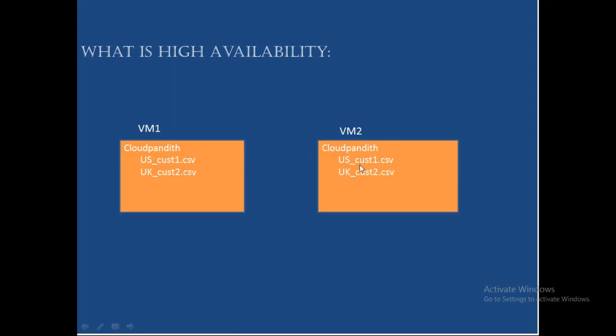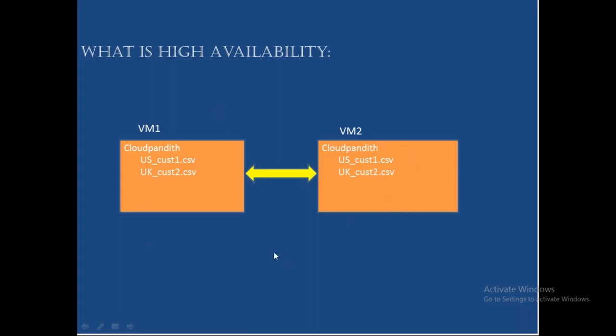This is VM2. Now I need to make sure there is communication between these two, because the same data is available in VM1 and VM2. Now I am trying to copy data from VM1 to the data lake storage Gen 2. At that particular time, if VM1 is down, immediately VM2 will take the entire responsibility.